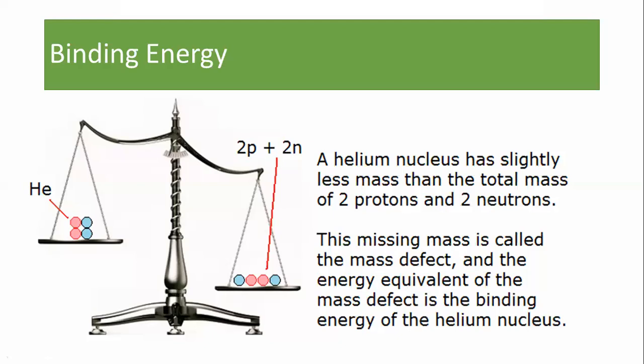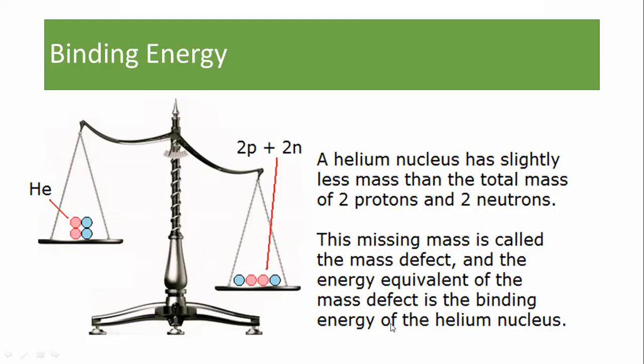If you multiply that factor with the mass, that mass is converted into energy, and this is called the binding energy. The mass cannot simply be lost, it is just missing here and is converted into energy, and that energy is called the binding energy, which binds the nucleons within the nucleus.